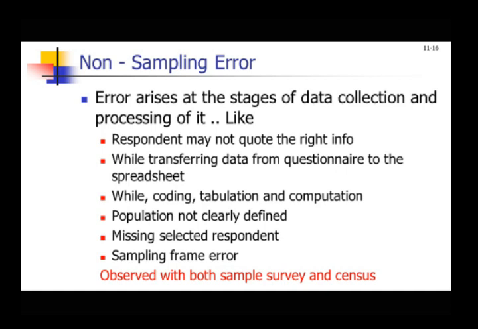And the final point is sampling frame error. Let me explain this with an example. Let's assume the population I choose to study has 1000 people, and among those 1000 people, 600 are men and 400 are women.